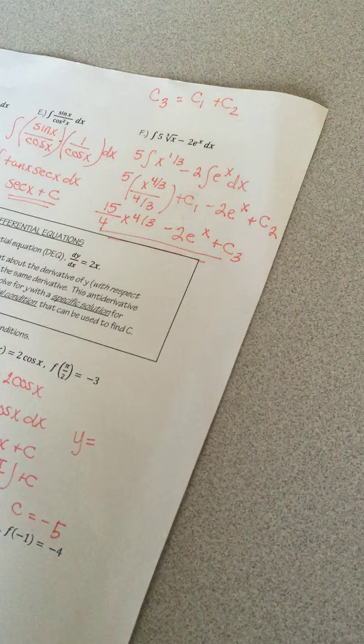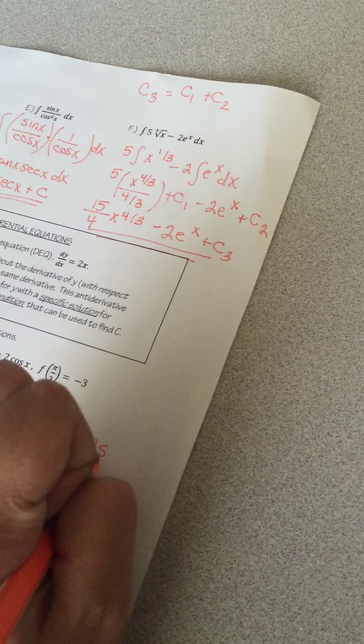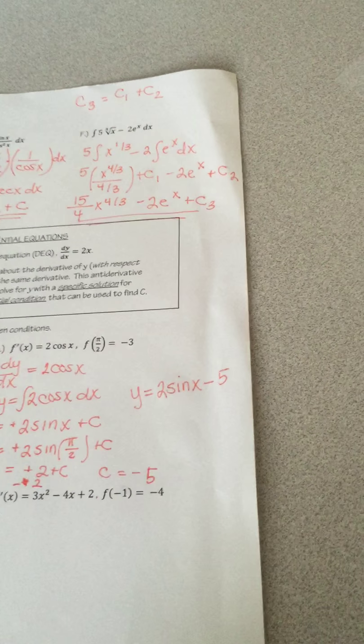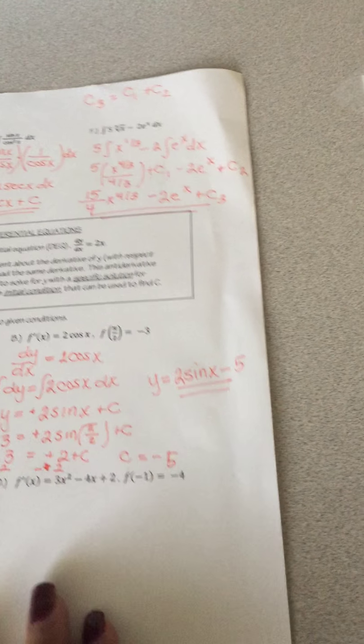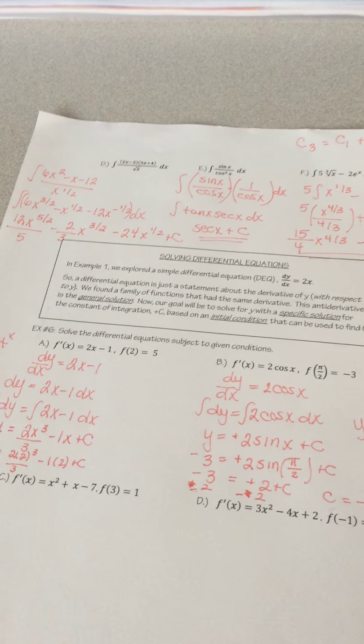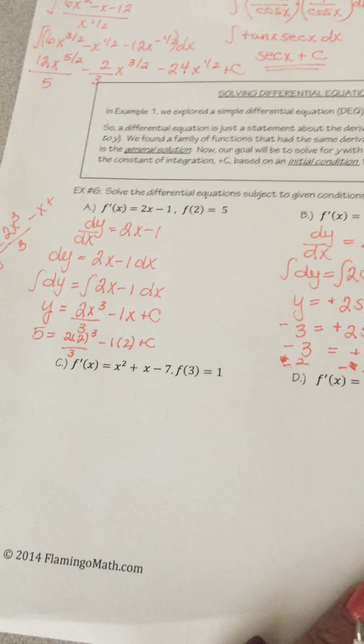So it's y equals 2 sine x minus 5. Know my unit circle, but not so much my integrals. Okay, next example.